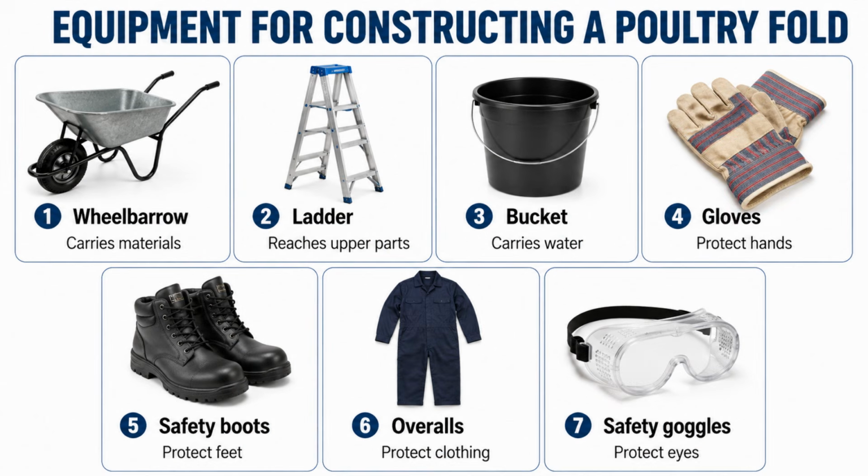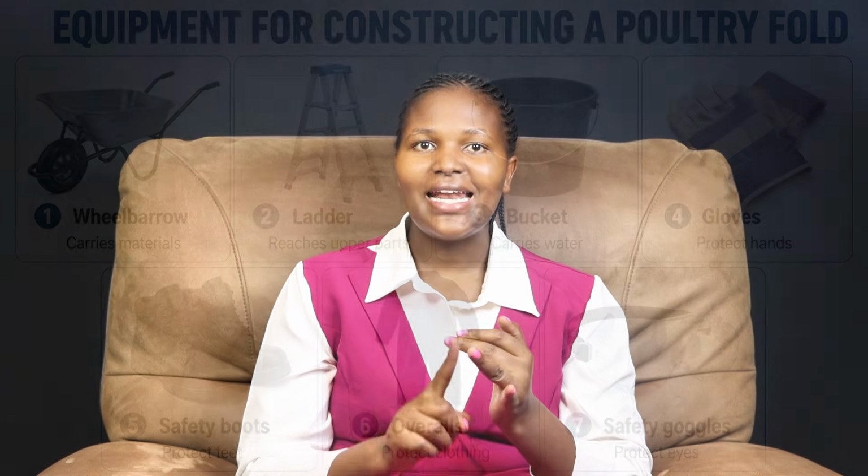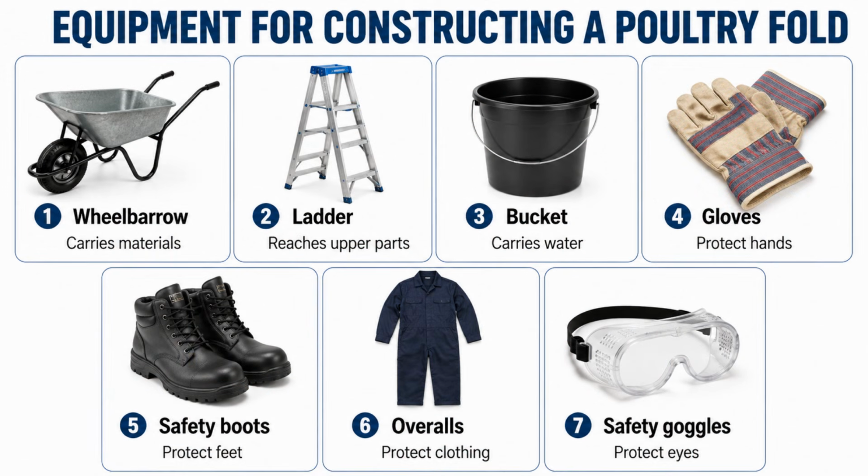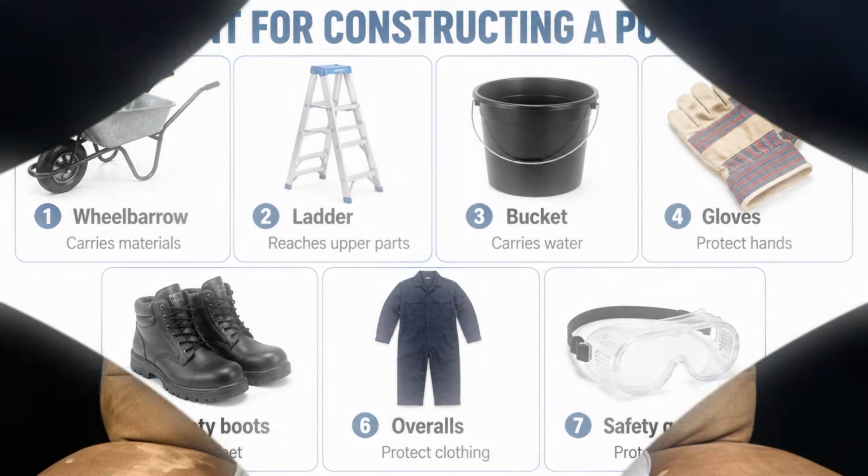So now with the tools part done, let us go to the equipment. Equipment refers to items that help you to complete the work safely and correctly. For this project, you may need the following equipment, which you can add to or remove from depending on what you are constructing. The ones I identified include a wheelbarrow, a ladder, a bucket, protective gloves, safety boots, overalls, and safety goggles.